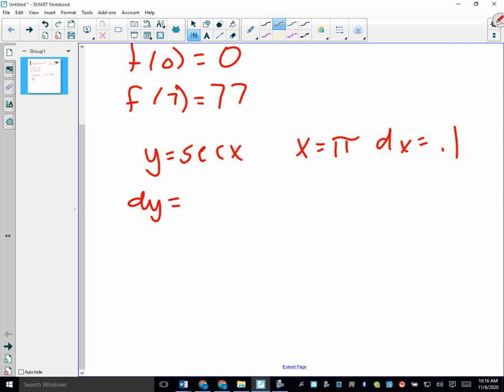What's the derivative of secant x? Secant x tan x, my bad. Secant x tan x dx, right? So does dy equal secant of pi, which is -1, times tangent of pi.